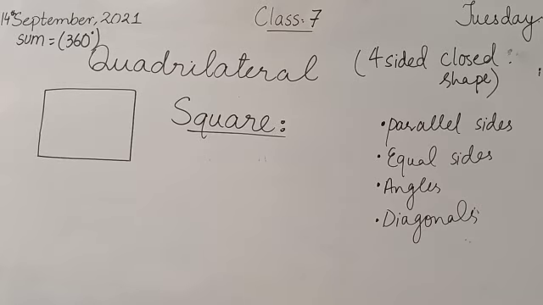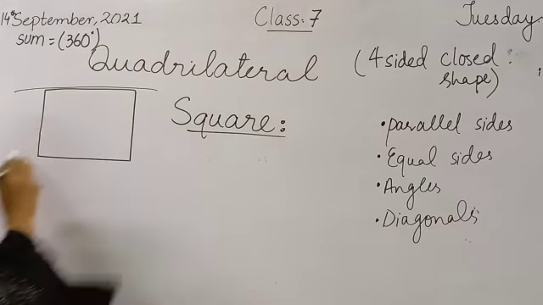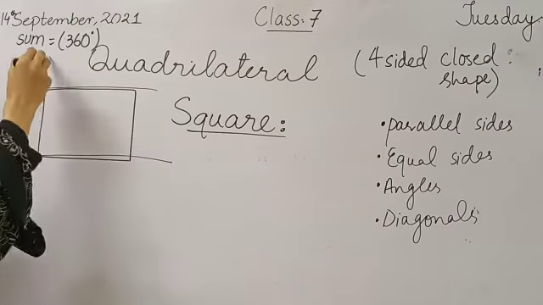What about its sides? In a square, all 4 sides are equal. So you'll write 4 equal sides. What about parallel sides? These 2 sides are parallel.